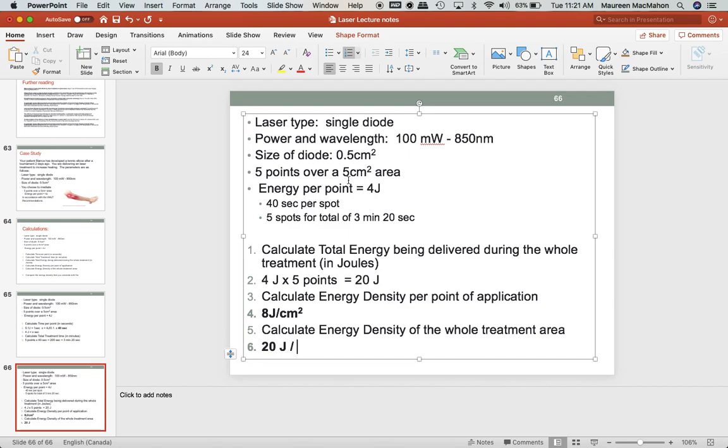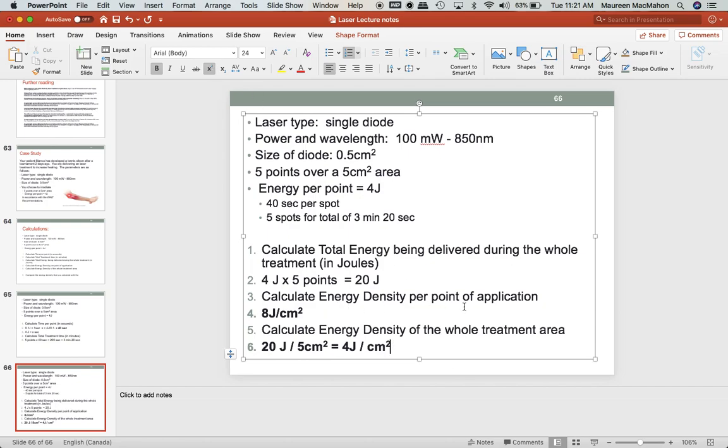So over 5 centimeters squared, that gives us an energy density for the whole treatment of 4 joules per centimeter squared. I hope that makes sense to you.